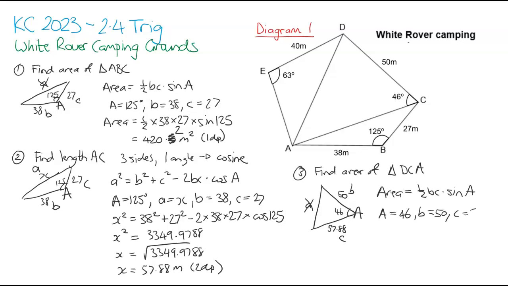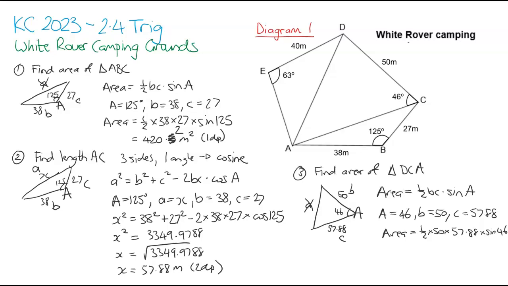I'm now going to sub them all in, so the B and C needs to go away, and the A needs to go away too, and that'll let me figure out the answer. So our area will be equal to 1/2 times 50 times 57.88 times sin 46. Forgive me as I write small because I'm running out of room.